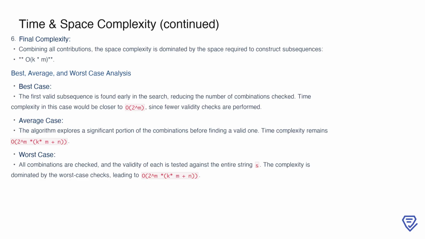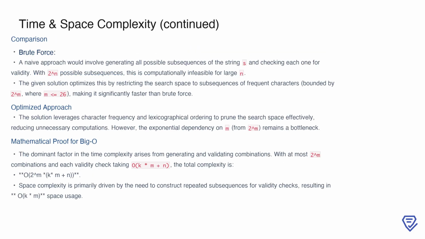Comparing this approach to a brute force solution highlights the optimization gains. A naive approach would generate all possible subsequences of the string s, resulting in 2^n total subsequences. This is computationally infeasible for large n. The given solution, on the other hand, significantly reduces the search space by focusing on subsequences of frequent characters.